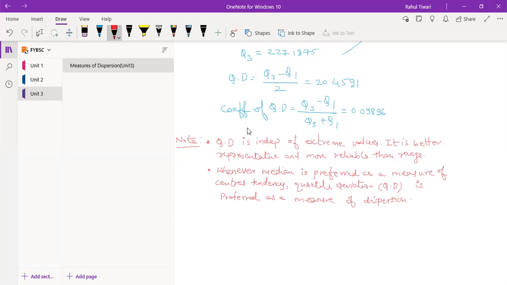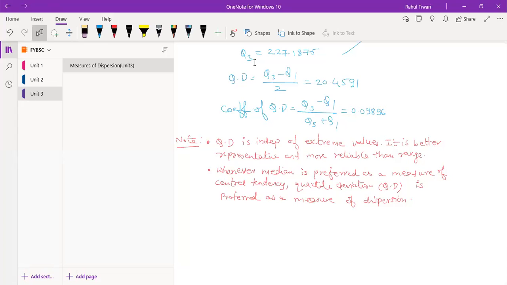And you may consider several examples. For example, you have been given the marks data for two classes, and you want to check which division or which class is better in marks.